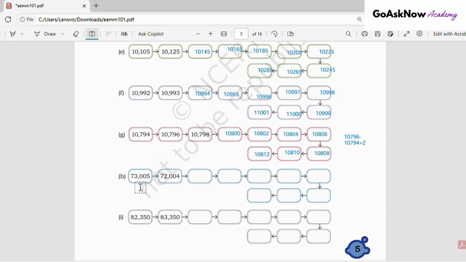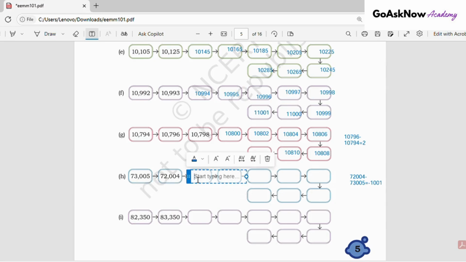After that, for part H, we have to subtract the second term minus the first term, which is minus 1,001. That is, here the sequence is getting reduced.